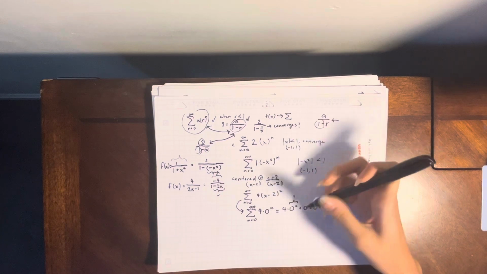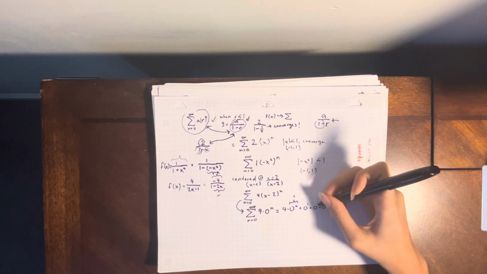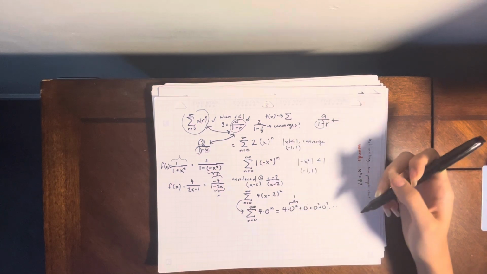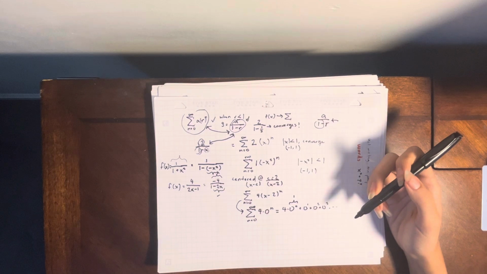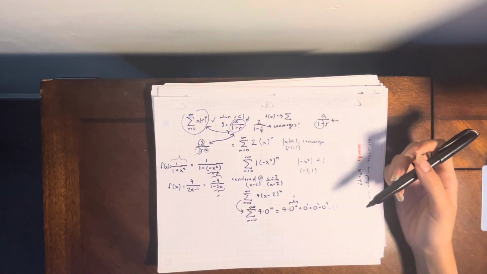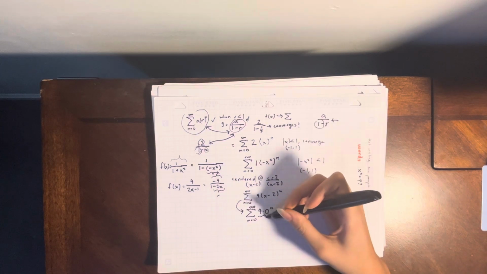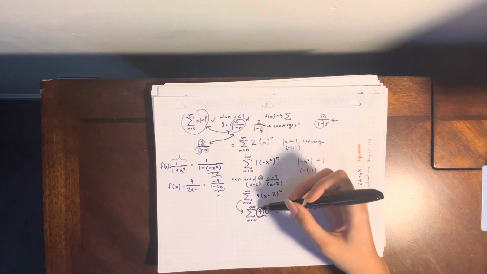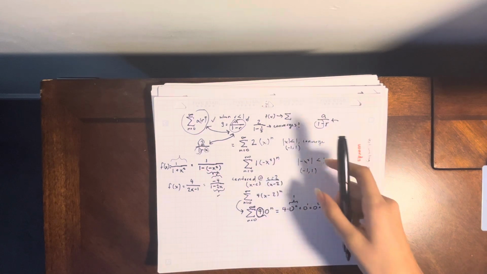But all the rest of these are going to be 4 times 0 to the 1, 4 times 0 to the 2, 4 times 0 to the 3. That just adds up to being 0. So at the center, the sum is going to be whatever your first term is, which is the value of the function.